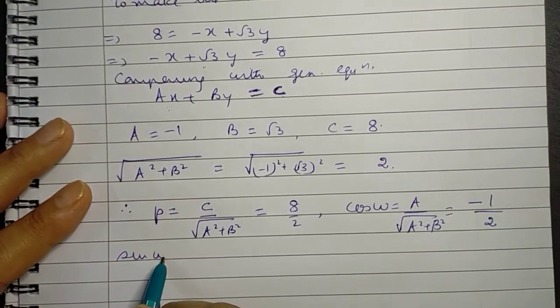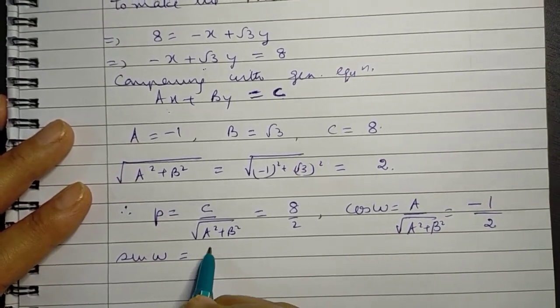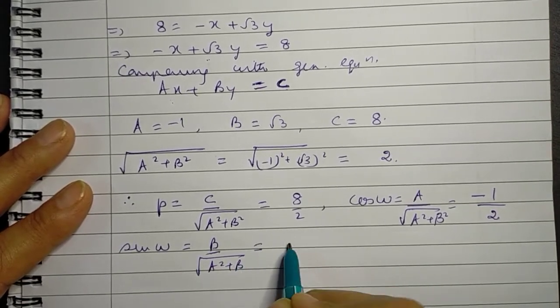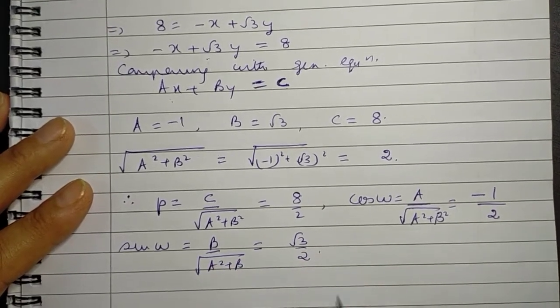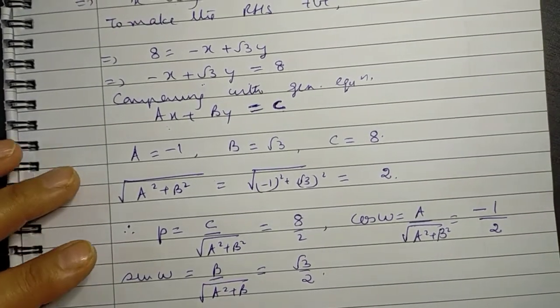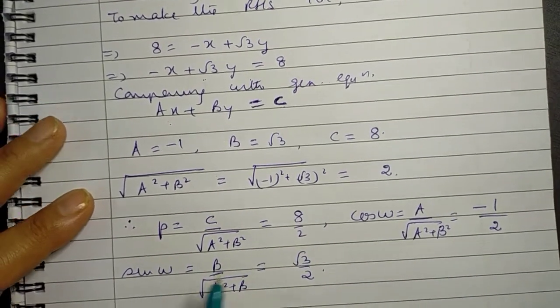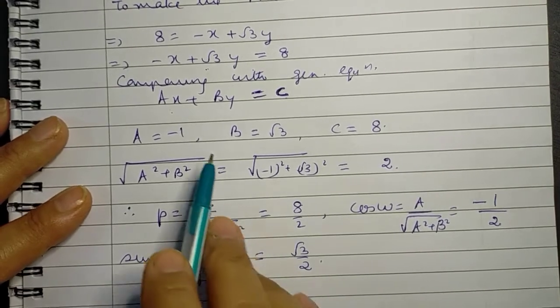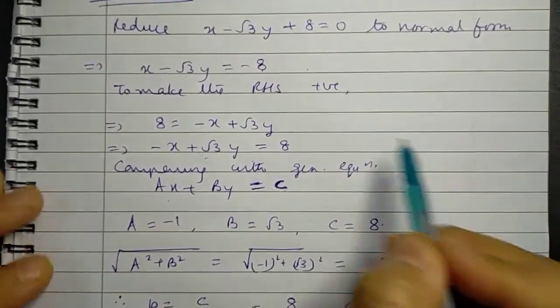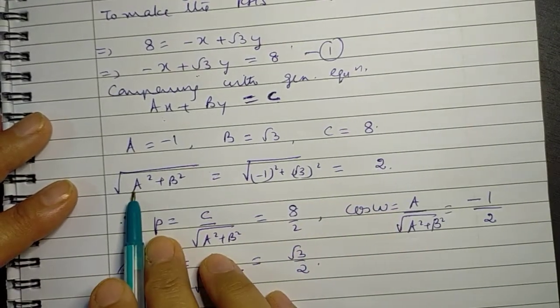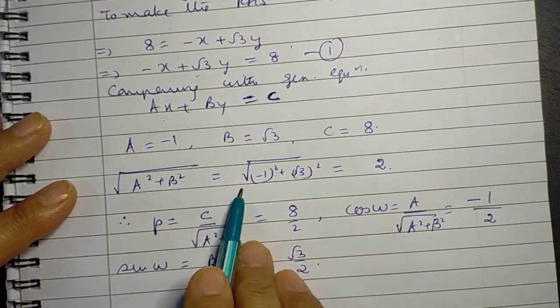Sin omega is equal to b upon under root of a squared plus b squared, which is root 3 by 2. You should see here that the same values of sin omega, cos omega and p can be obtained by dividing this equation by the value obtained for under root of a squared plus b squared.